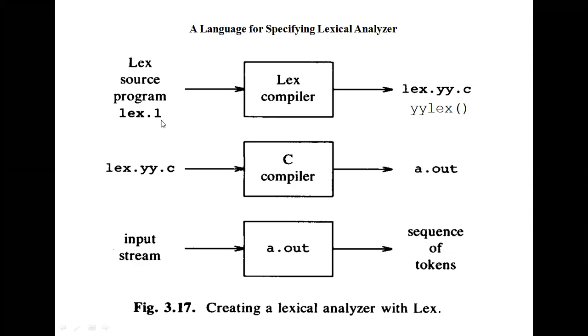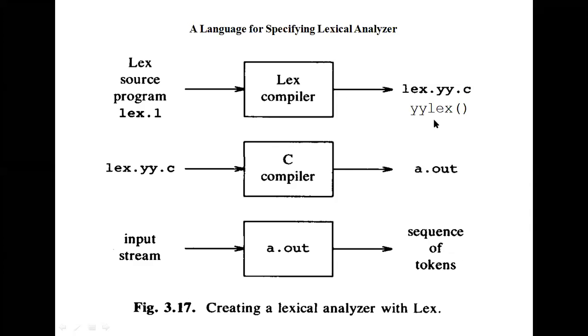We're storing all the regular expressions for the tokens, and the lex.yy.c file consists of the tabular representation of the transition diagrams constructed for the regular expressions. We get an output in the form of a lex program.